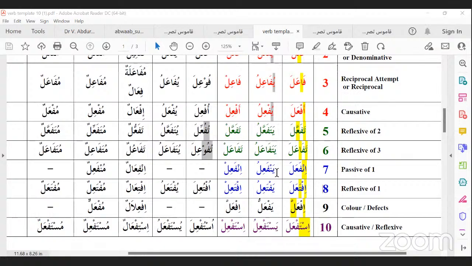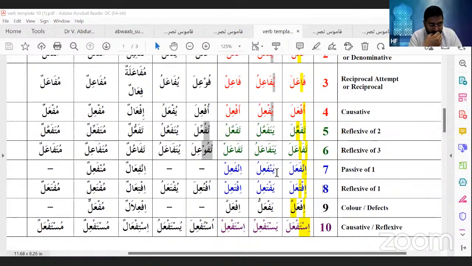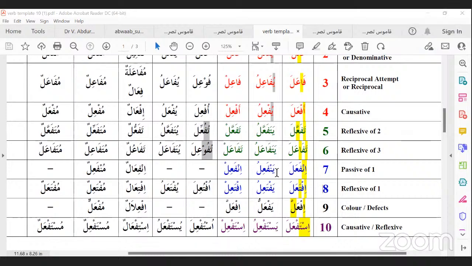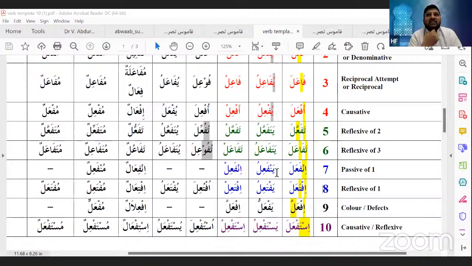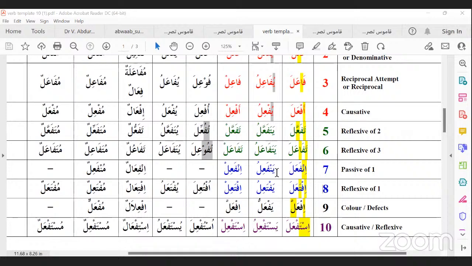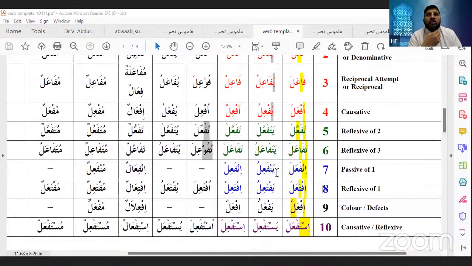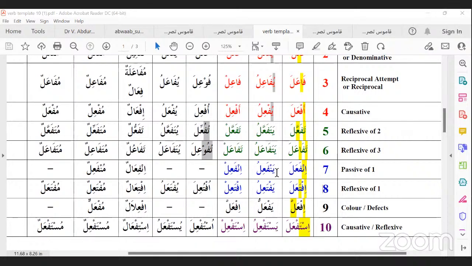Yes. Anti tankasirina. Correct. Antuma tankasirani. Correct. Antunna tankasirna.